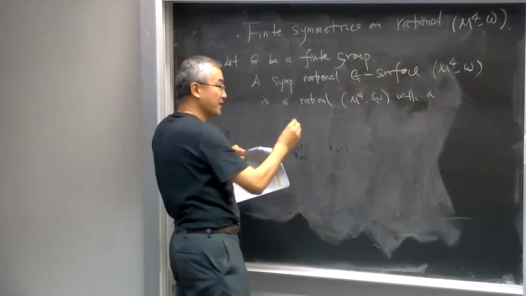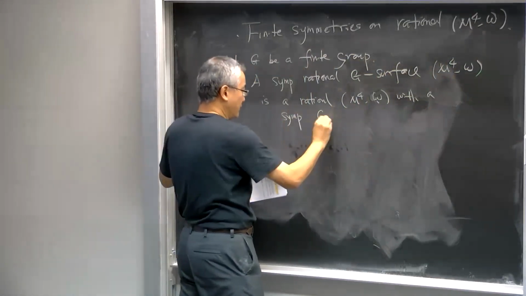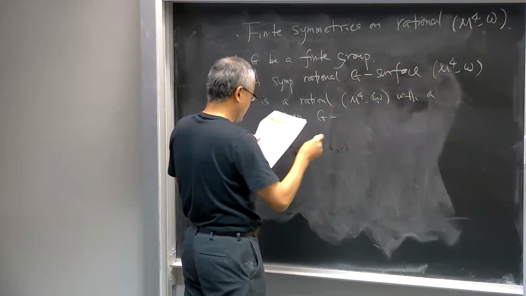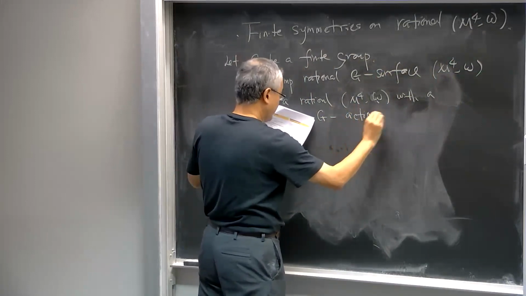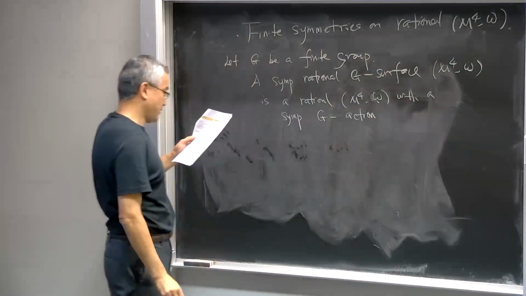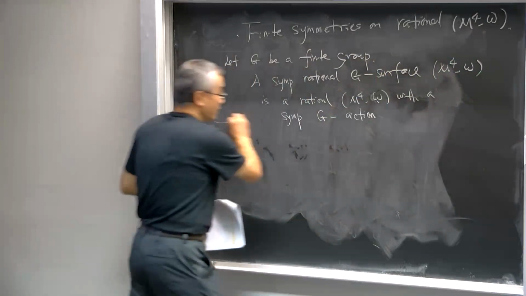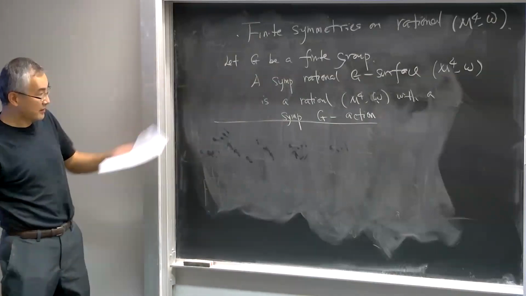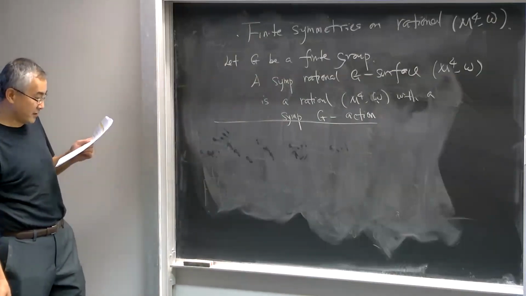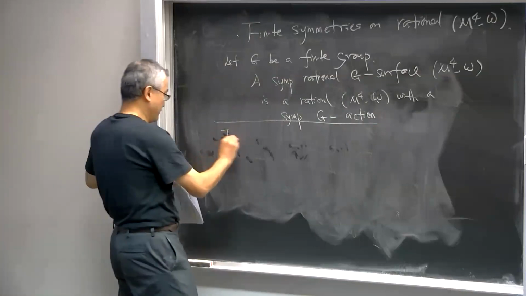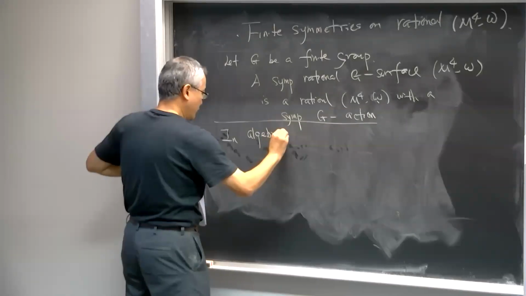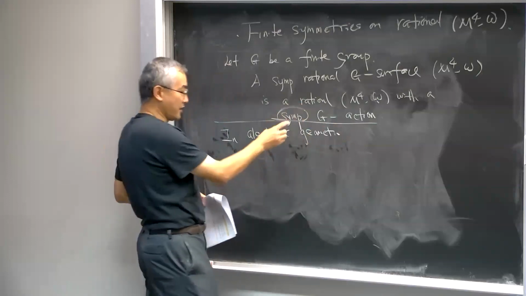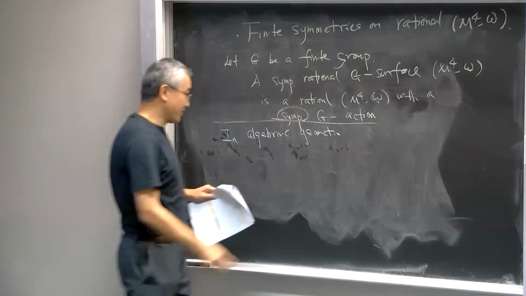Faithful, effective actions. In the complex category, such surfaces are called rational G-surfaces, so you're concerned with holomorphic G actions.